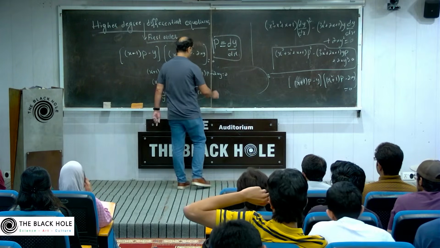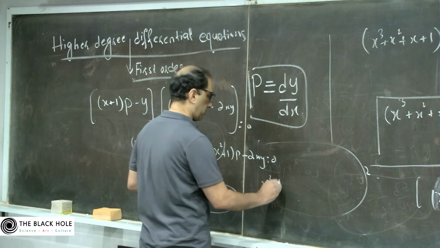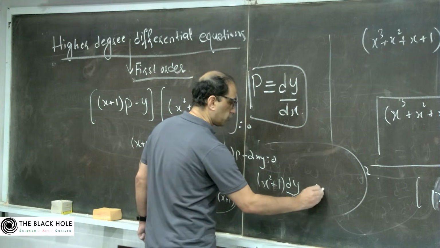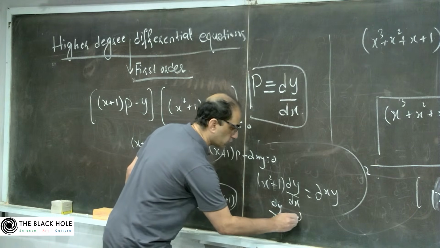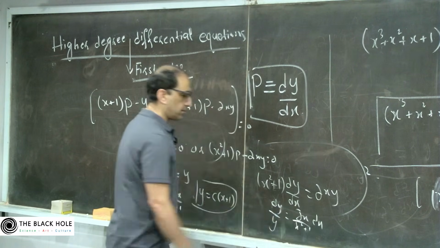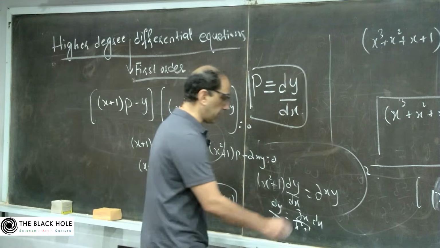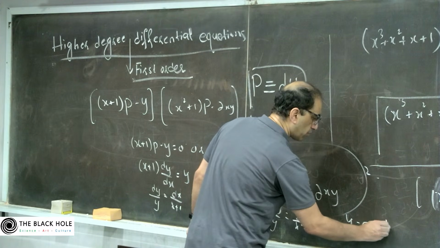Have a look here. (X square plus 1) dy by dx is equal to 2xy, dy over y is equal to 2x over x square plus 1 dx, and this can be written as log of x square plus 1. So I can write this as y is equal to c(x square plus 1).